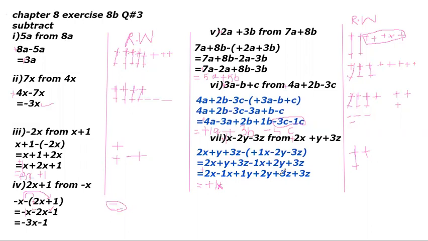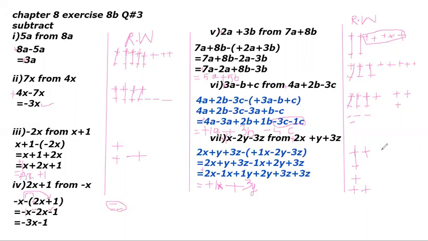Now let's solve this 1y and 2y. 1y is positive 1y. Positive 1y means positive y 1 time. Positive 2y means positive y 2 times. It is total 3 times. Positive 3y. Now let's solve the third term, and third term is 3z and 3z.